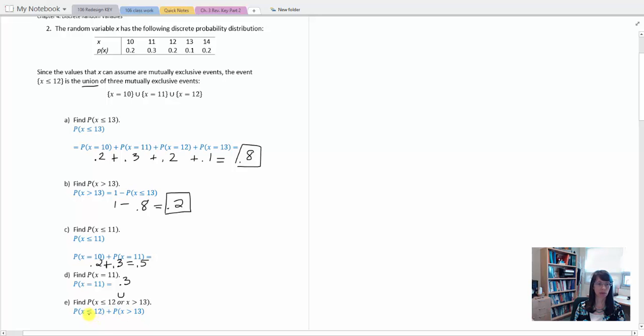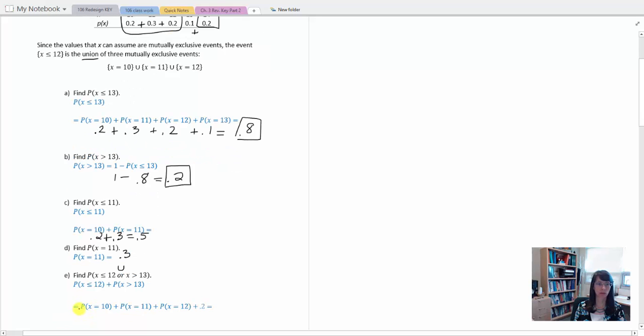Looking back to the table, less or equal to 12 involves the numbers 10, 11, and 12. So we'll add those three probabilities, and then the probability x greater than 13. In the table, the only value greater than 13 is 14. So we'll add another 0.2 for our probabilities.